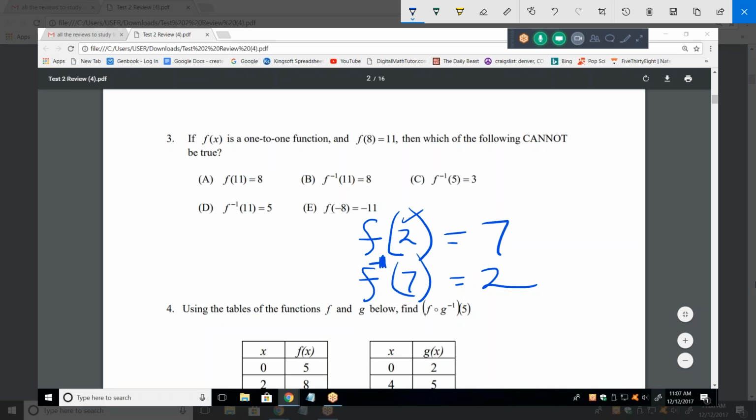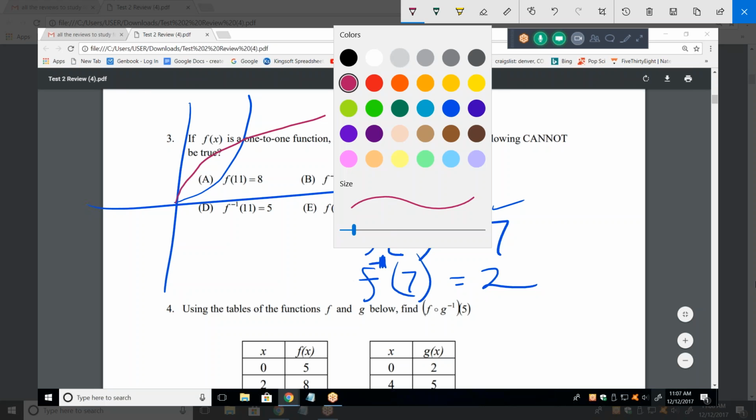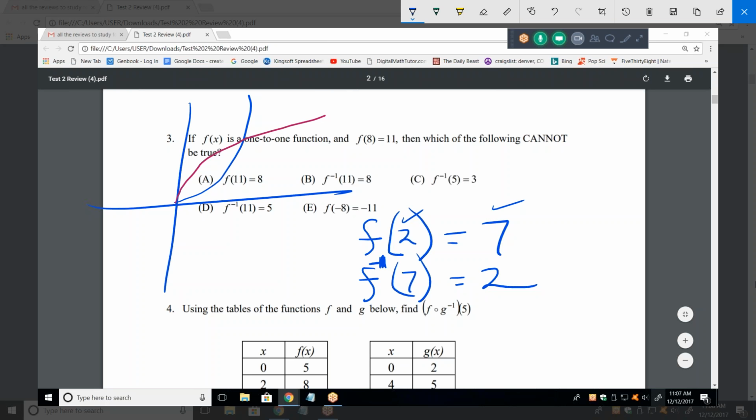That's the domain, that's the range. In other words, you switch the x and y values. This is f of x is 2. This is y, or what it's equal to. And f inverse is always the opposite. It's like if I graphed that function, and now I put the inverse function on there. No matter where I'm at on the blue function, let's say I get this point right there.